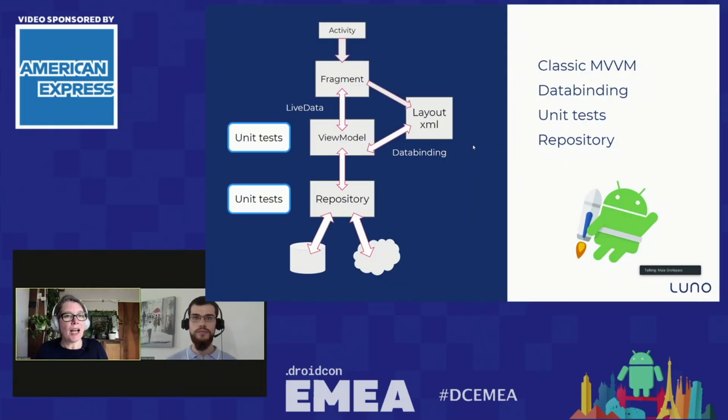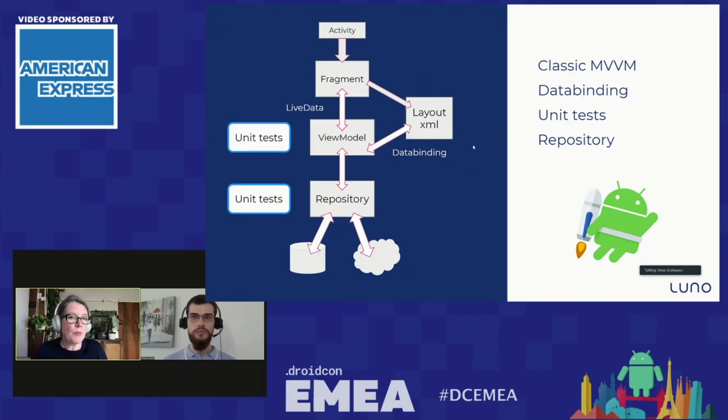We connect our view model with our layout using data binding. Then the view models can have a repository, and the repository connects our view models with either the database or the network calls.